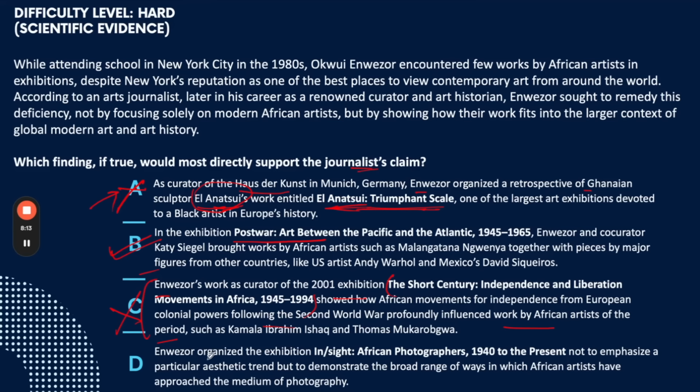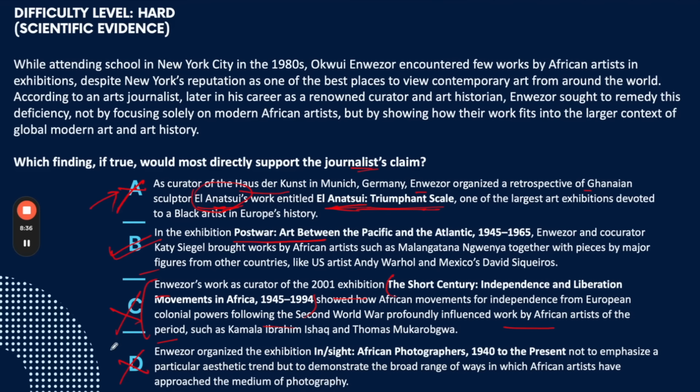The exhibition aimed to show the diversity of approaches to photography among African artists rather than emphasizing a specific artistic trend. It focuses on exploring the variety within African photography itself, rather than supporting the idea that he was integrating African art into a global context. So again, this is also out for that reason, right?